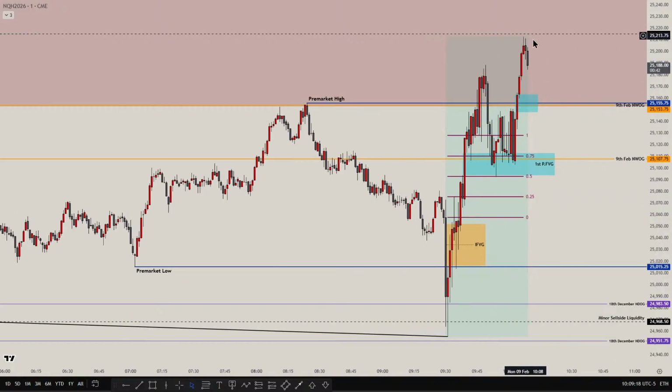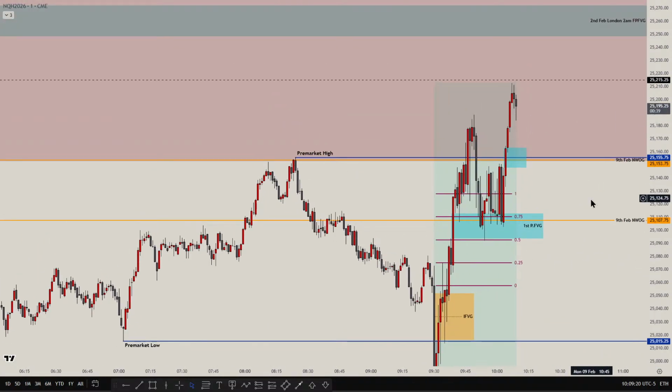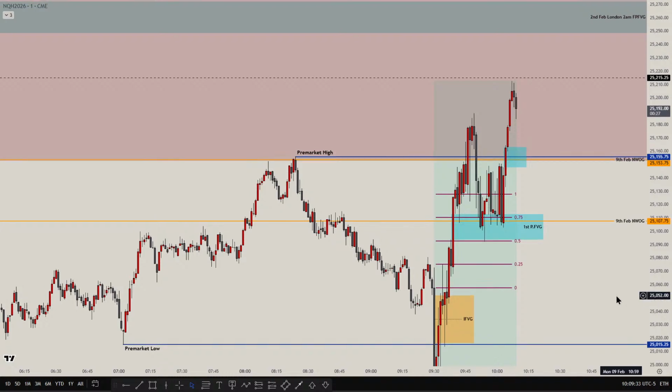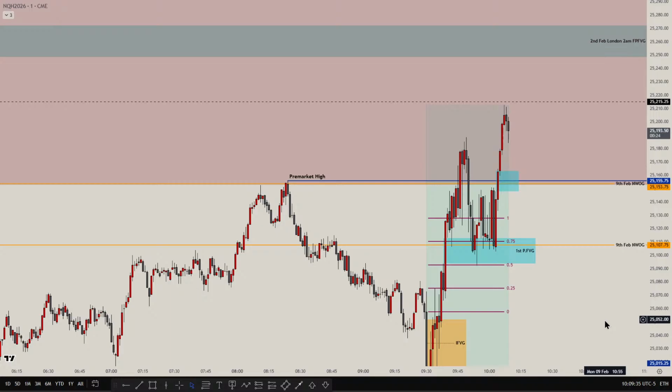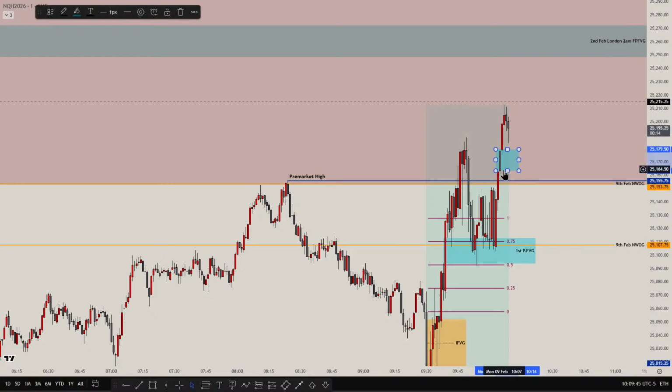Don't you love it when the Nasdaq does that? Ooh, suspension block.